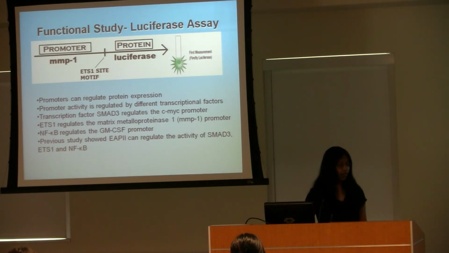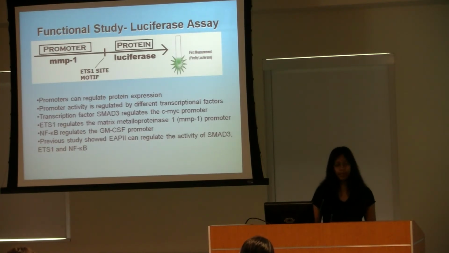And in this one, we use the promoters CMYC, MMP1, and GM-CSF. And each of those transcriptional factors, SMAD3, ETS1, and NF-kappa B, they all regulate the promoter. A previous study has shown that EAP2 can actually regulate the activity of all of these transcriptional factors.